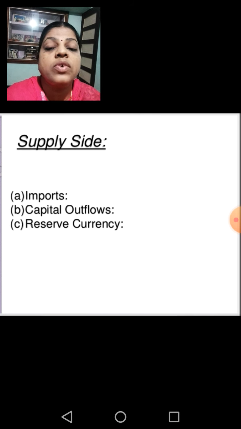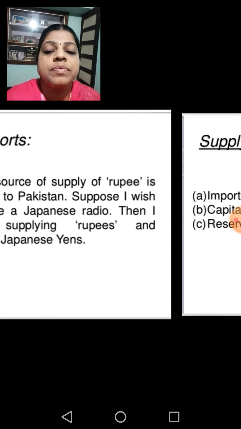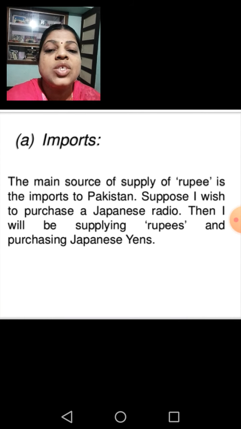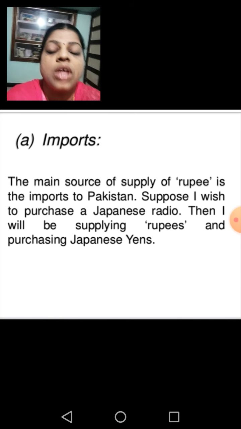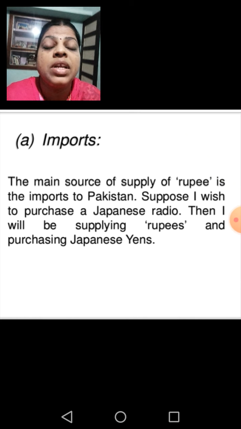Here the first factor is imports. The main source of the supply of the rupee is the imports to Pakistan. Suppose I wish to purchase a Japanese radio, then I will be supplying the rupees and purchasing Japanese yen.